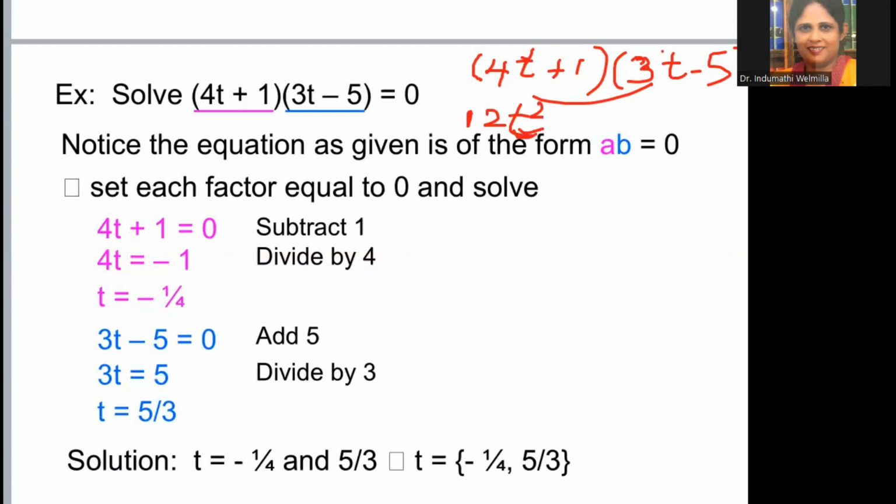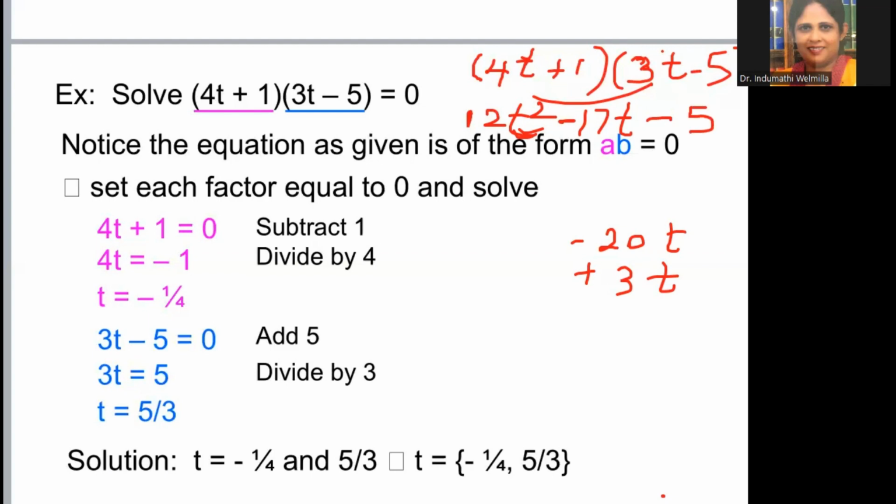Then, multiplying the next terms, 3t into 1 is 3t, and multiplying minus 5 and 4t together gives minus 20t. So minus 20t and plus 3t, the middle term becomes minus 17t, and the final term is plus times minus: 5 times 1, minus 5.